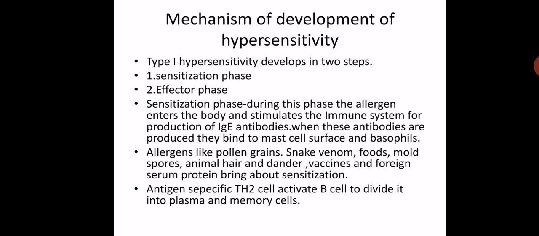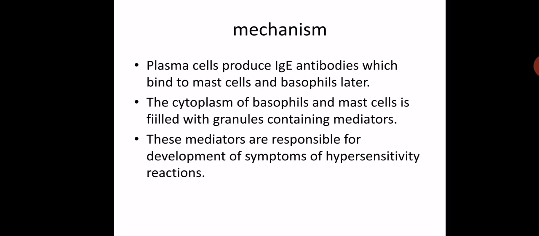And then antigen-specific Th2, meaning T helper cell 2, becomes active, and it activates B cell also to divide into plasma and memory cells. And then there is a production of IgE antibody. Meaning what happened? In the sensitization phase, firstly, the allergens sensitize the mast cells and basophils.